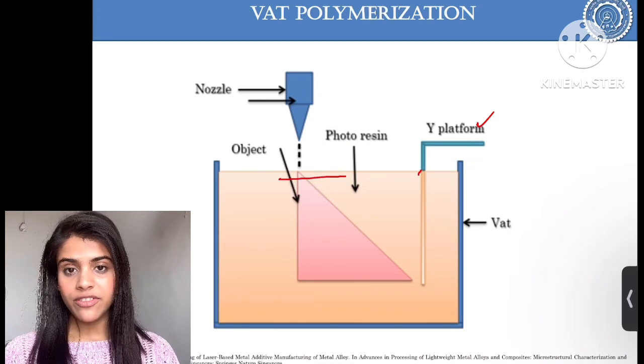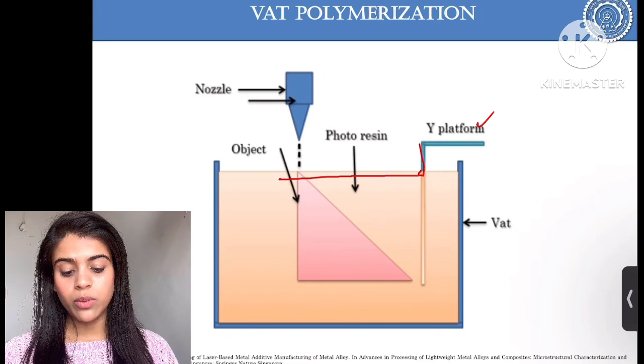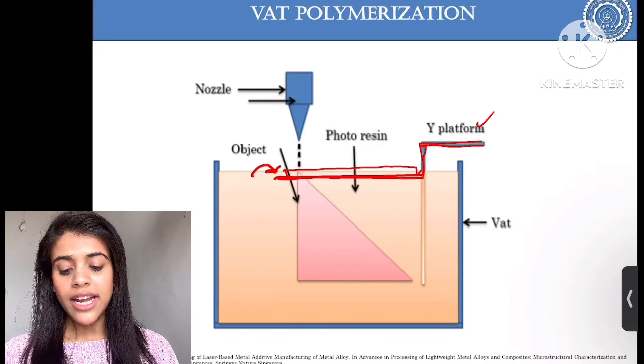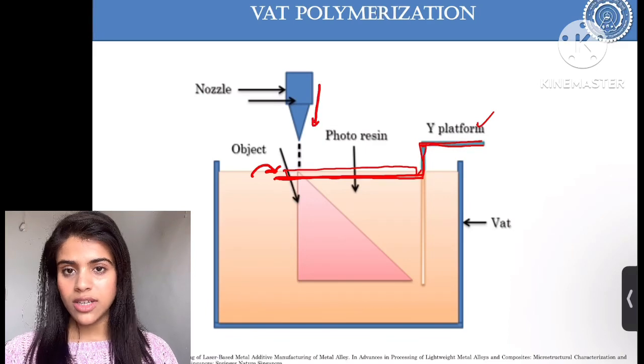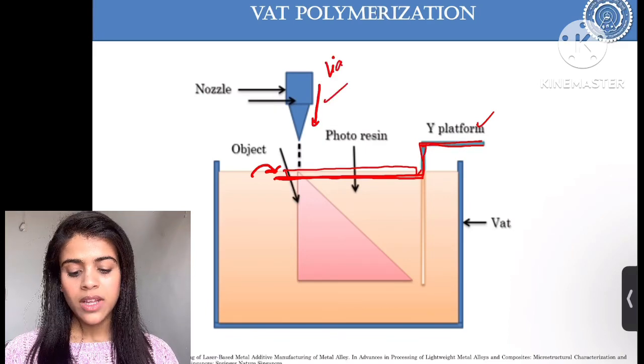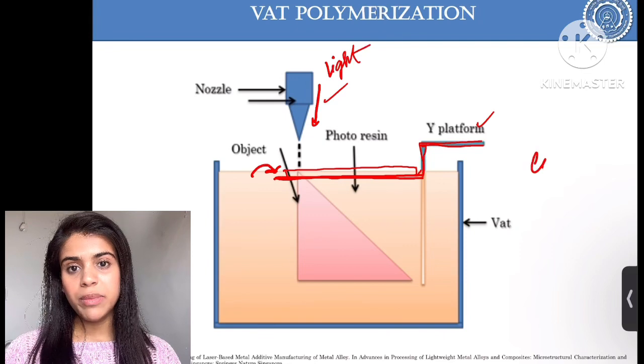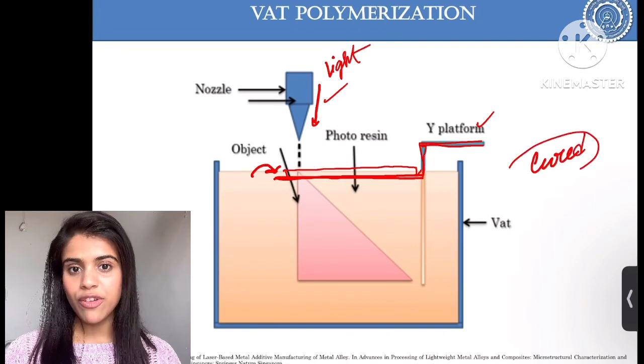How? At the first stage, the white platform will be just below the resin surface, so over the platform there will be one layer of resin. The light will be exposed through the nozzle over the platform. These photoactive materials have the property that they will be cured under the exposure of light.